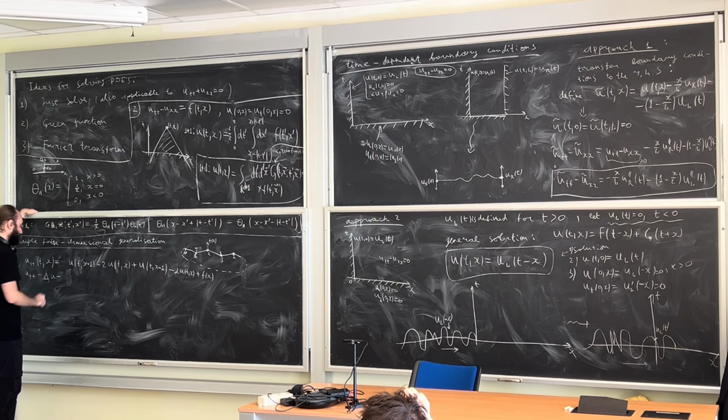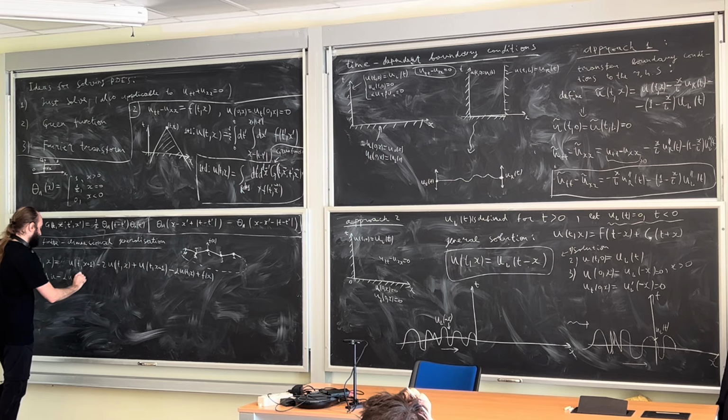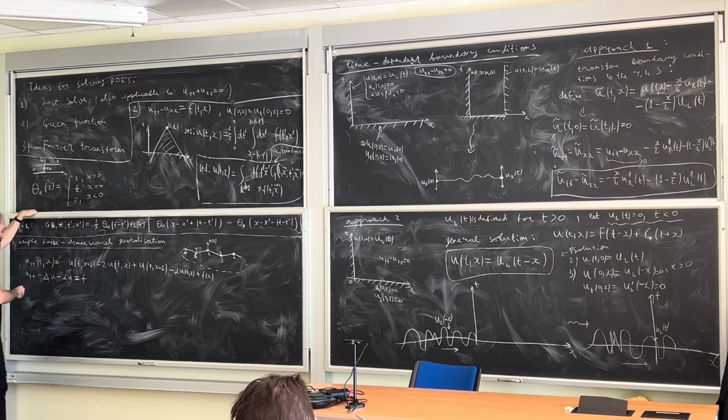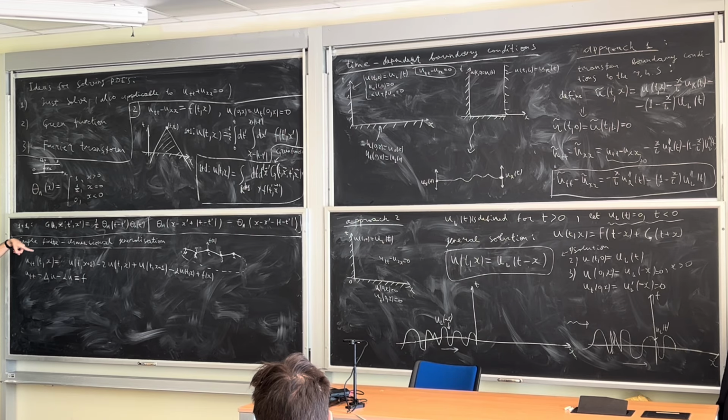So in this equation it will give minus the Laplacian minus alpha u equals f. So it's a discrete generalization of this wave, well, in this case, Klein-Gordon equation.